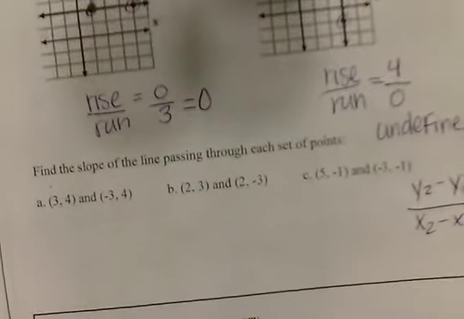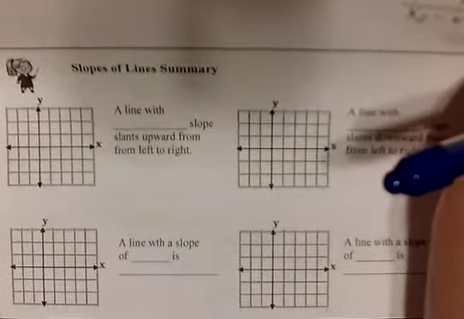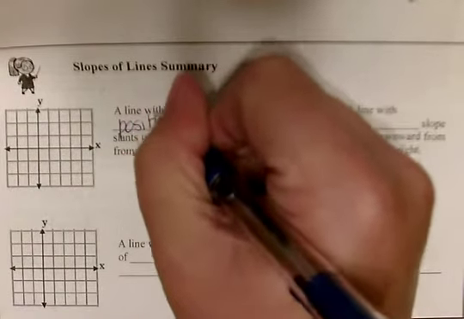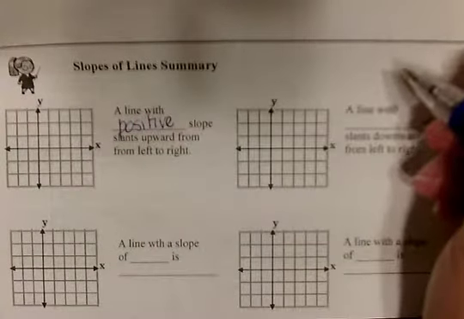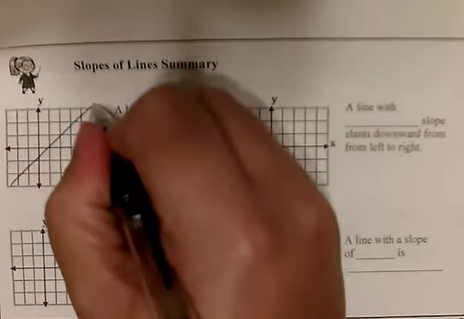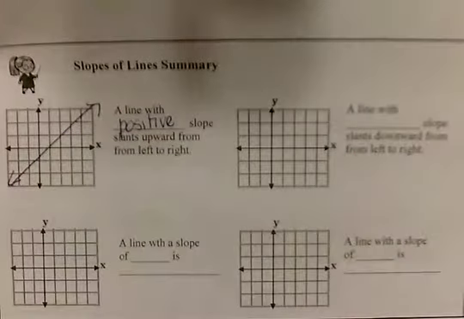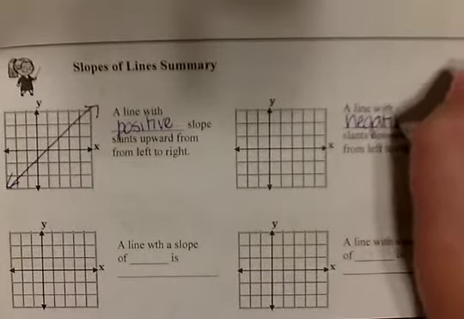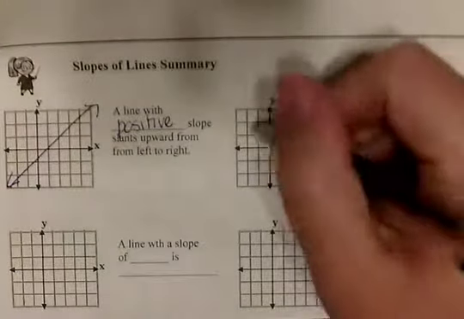So slope summary at the bottom of this page. A line with positive slope slants upward from left to right. So this would have a positive slope. A line with a negative slope goes down from left to right.